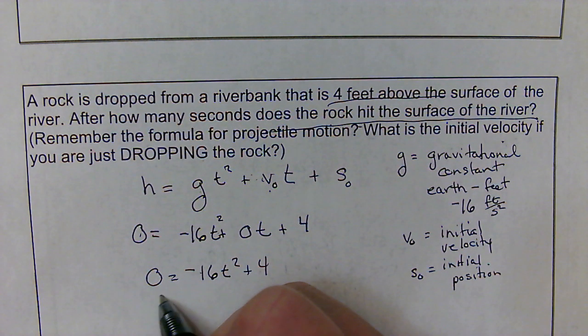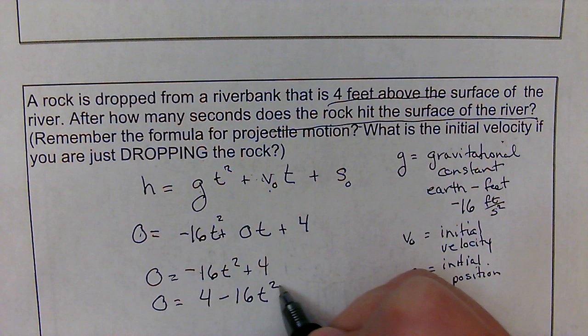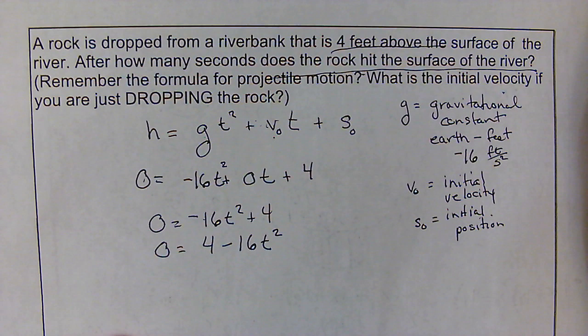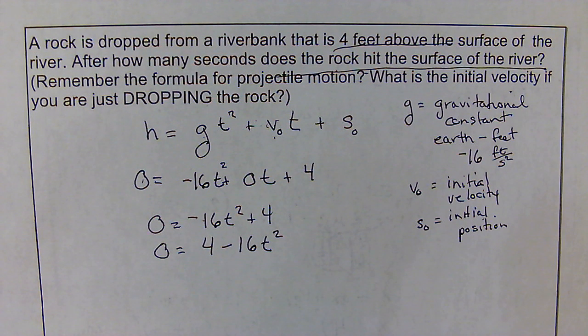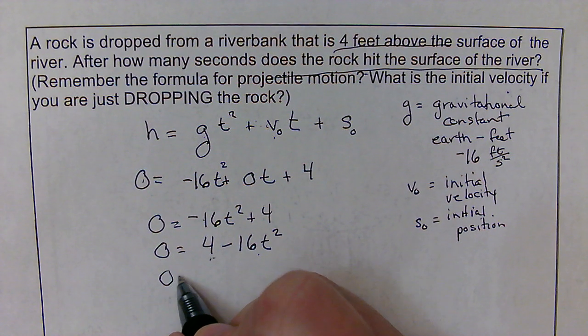Well, notice that if I switch the order of these terms, it's 4 minus 16t squared. It has two terms. The two terms are perfect squares, and they're subtracted. So that means it's a difference of two squares. But before I go there, notice there is a common factor here.